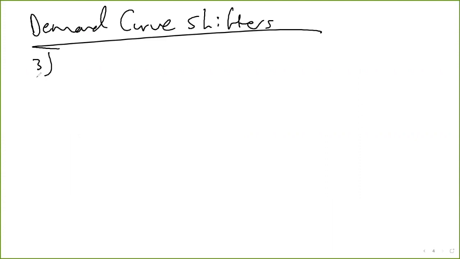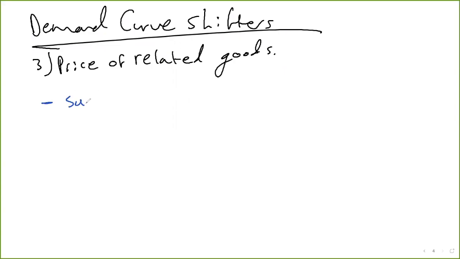The next thing we want to consider is the price of related goods. And these fall into two broad categories. The first is what we call substitutes. And the second is what we call complements.